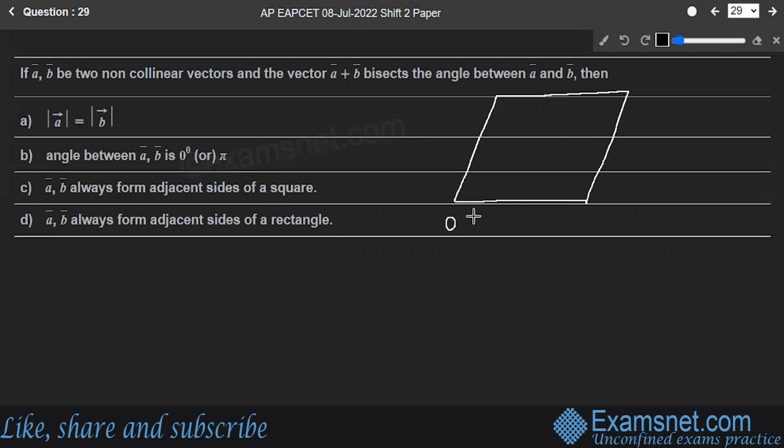So here is O, A, let it be C, let it be D, and I'm naming this point as B, right?